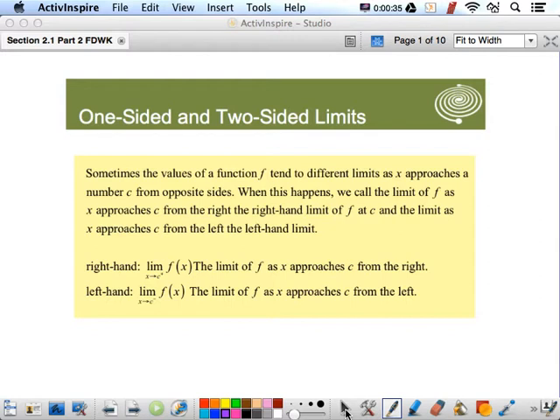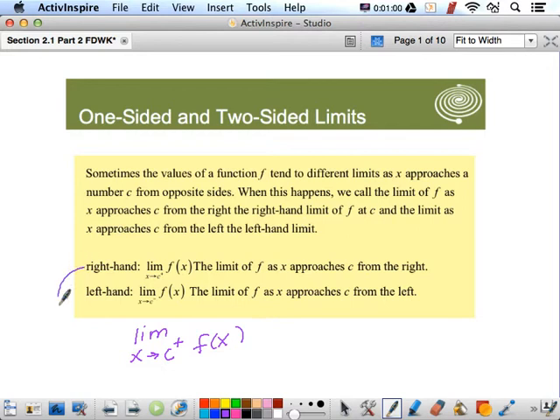There is a symbol to use when you want a one-sided limit. It's a little hard to see here, but to indicate that we want a right-hand limit, all we do is, on our approaching number, we put a plus sign above as an exponent of the number there. And that means we want the limit as we approach from the right.